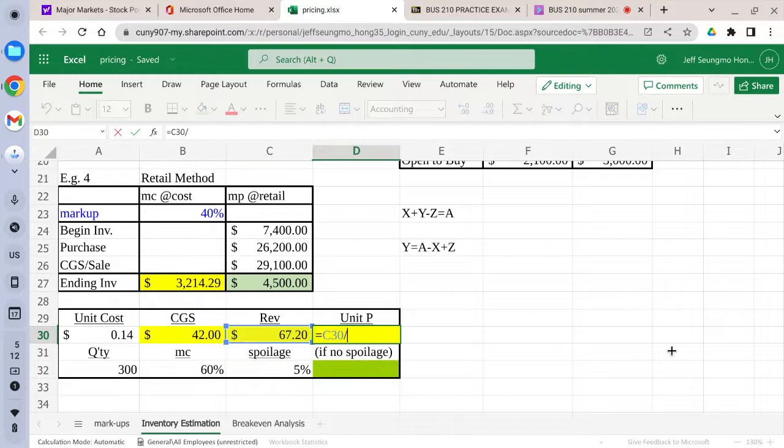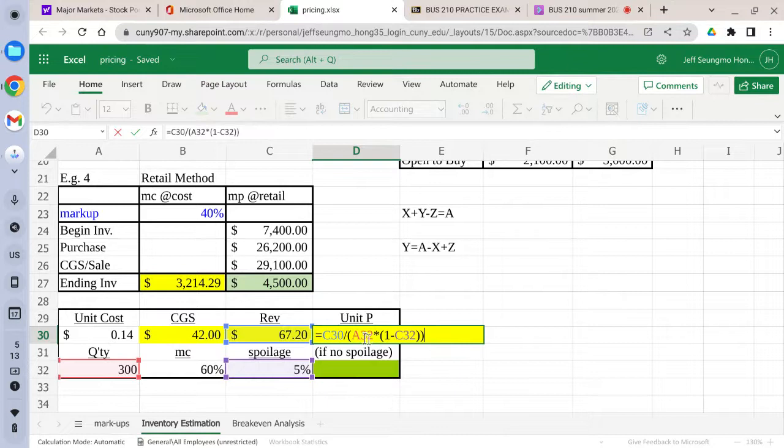But because 5% is spoiled away, you'll need to spread the revenue over 95% of this quantity.